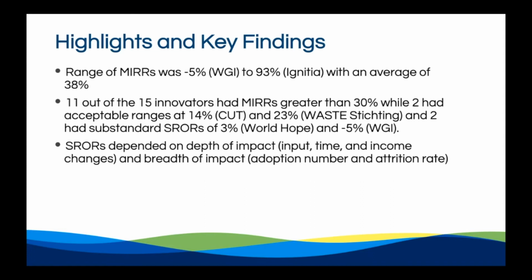So these social rates of return depended on the depth of impact, input, time, and income changes, and the breadth as well, the adoption number and the uptake number. Next slide.